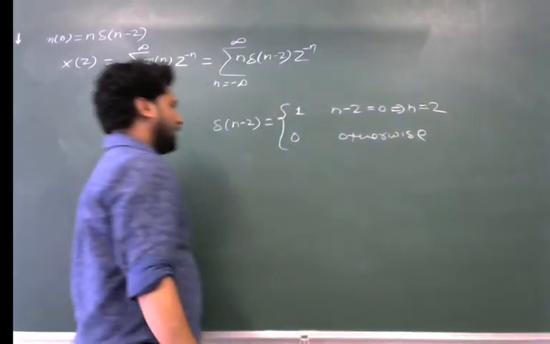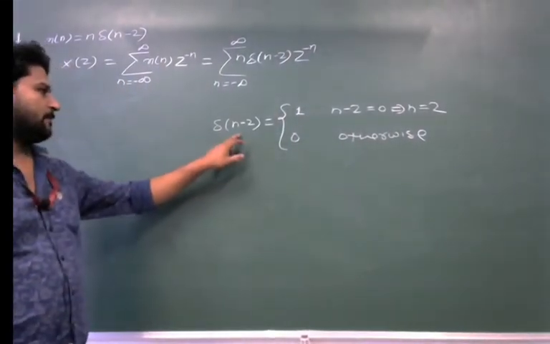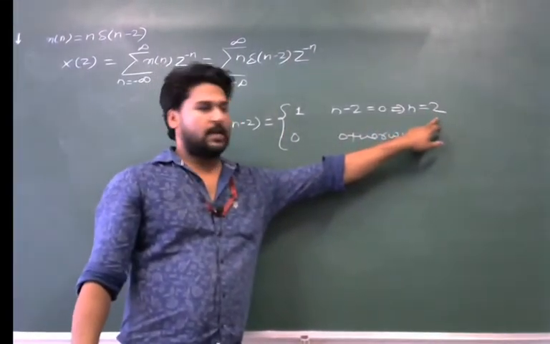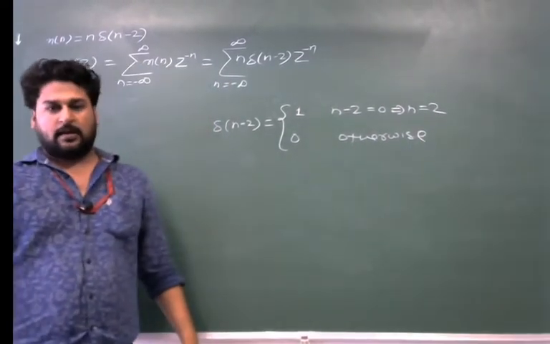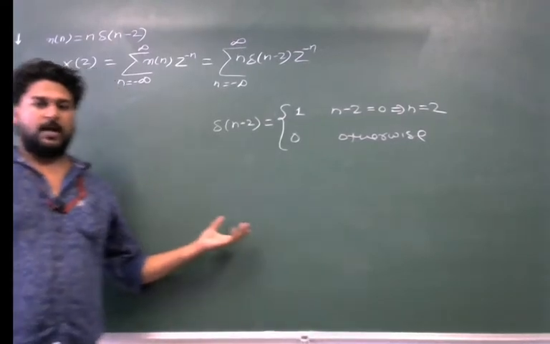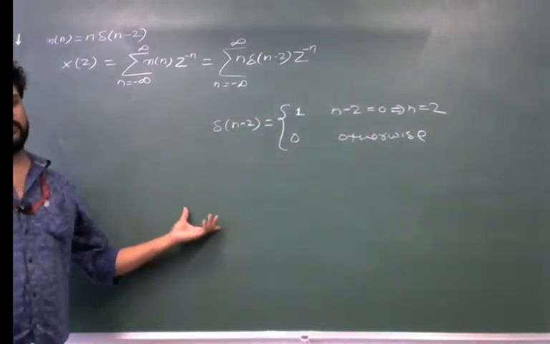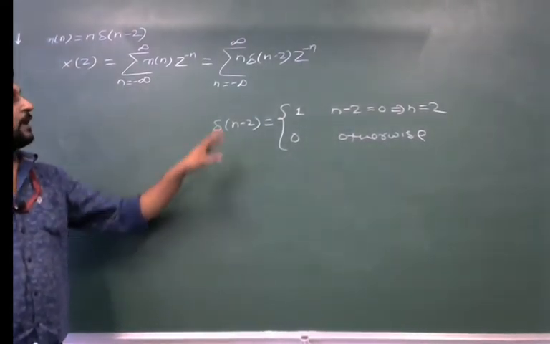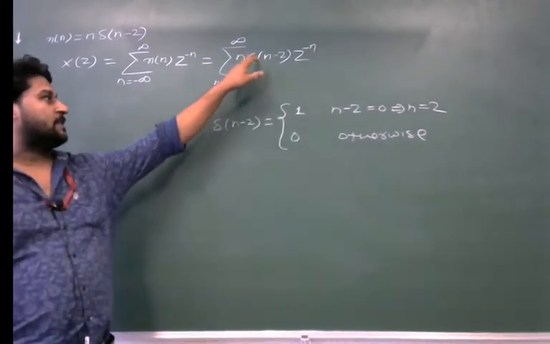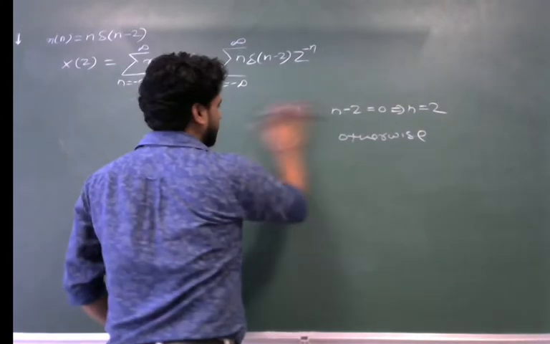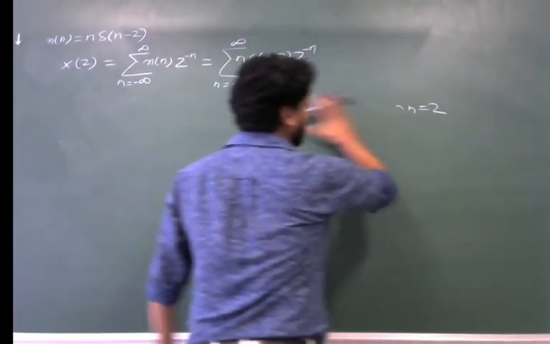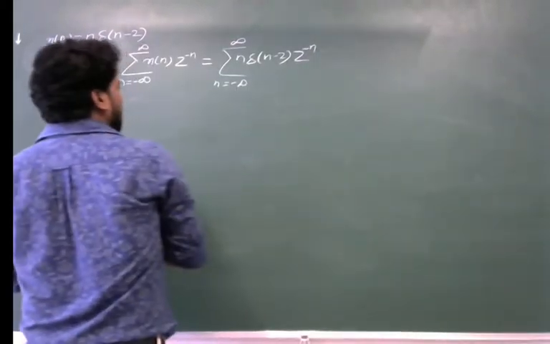So we can find the value of this delta function only at n equal to 2. For the other values of n, the value of delta n minus 2 will be 0. So only one value of n gives some value in this summation, otherwise it is 0. So I will put n equal to 2 in this summation and get the result.